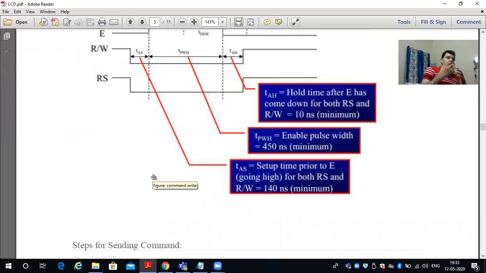Now, in brief, I want to discuss how we will approach interfacing the LCD with our code. We have already seen in the schematic that we require 7 pins, and all those 7 pins should be configured as output pins.